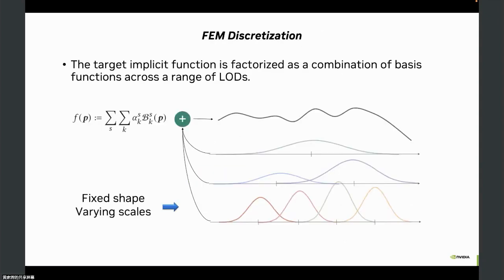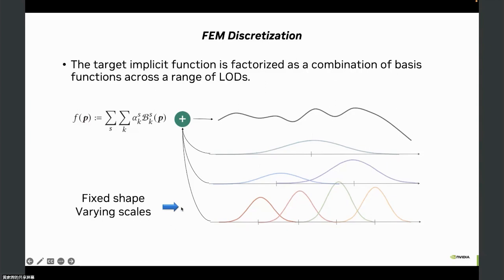So how does this finite element discretization work? It's quite easy. The target implicit function, f here, is factorized as a combination of functions across a range of levels of detail. If you look at the gray functions here, it's the addition of these different functions that come from different frequencies.